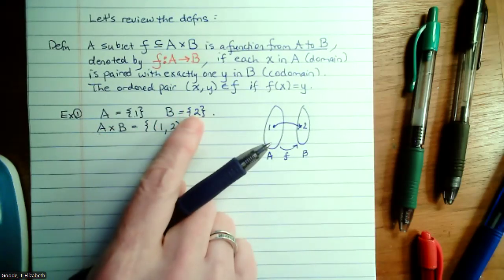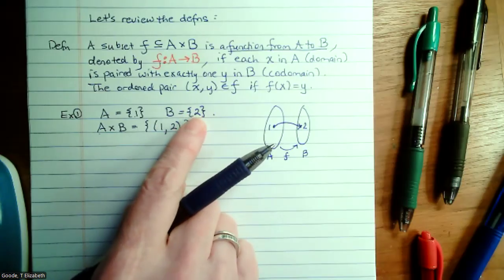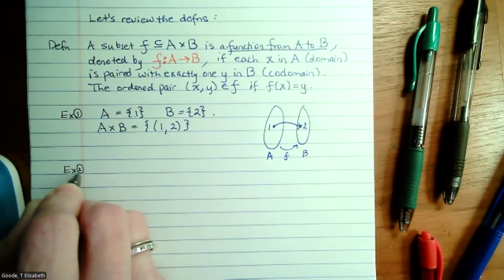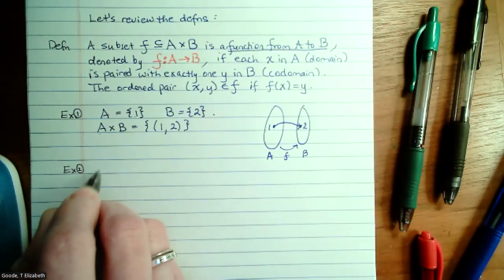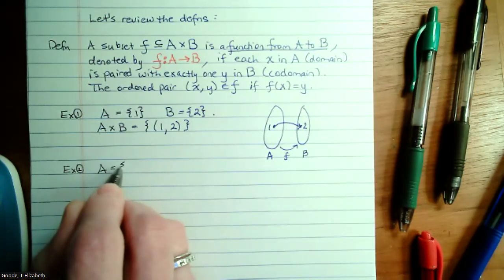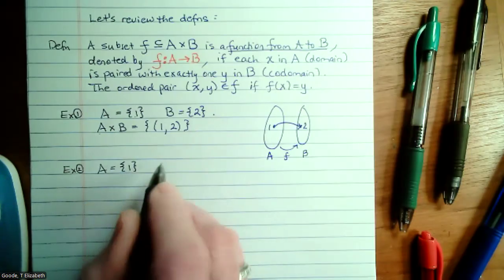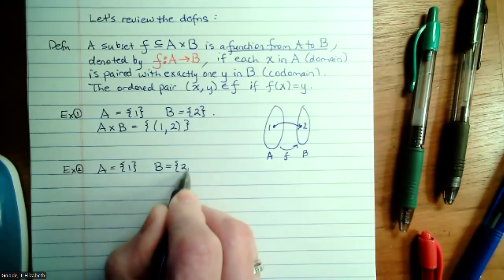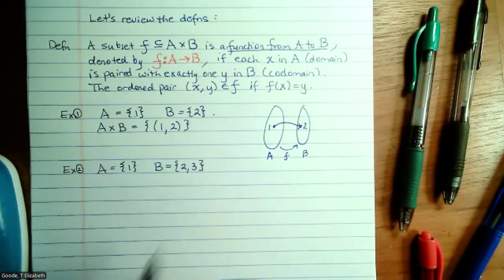The minute we have more elements in the codomain than the domain, then all of A cross B won't be a function. It'll be breaking the definition. Let's say B's got 2 elements, 2 and 3.